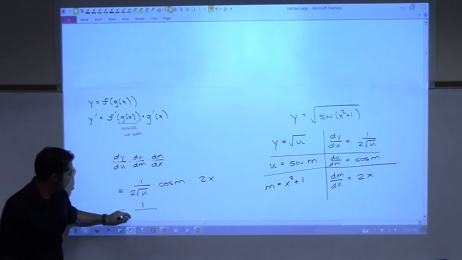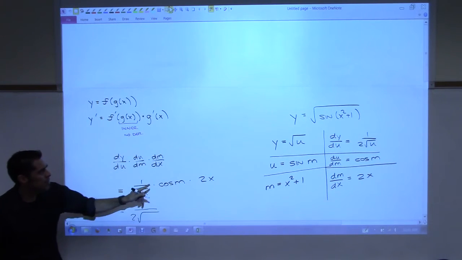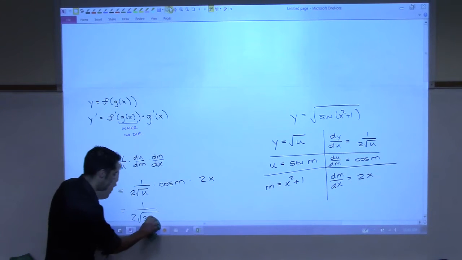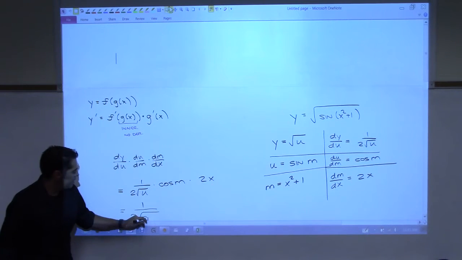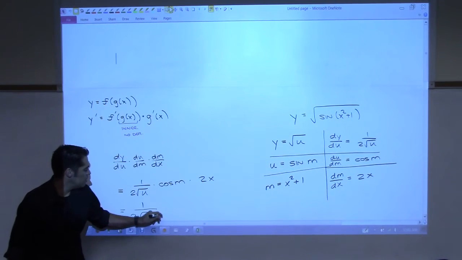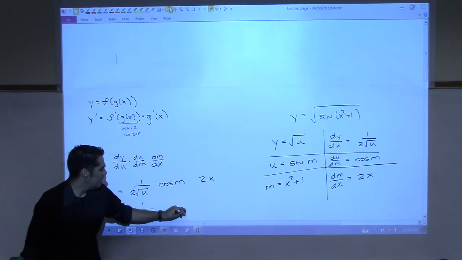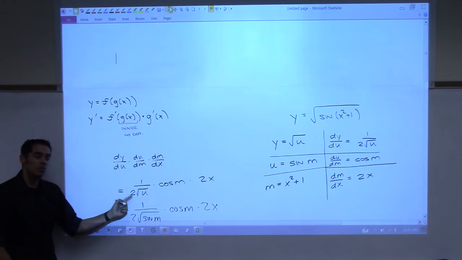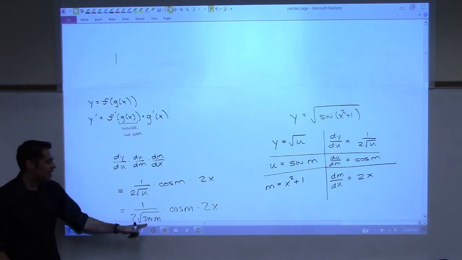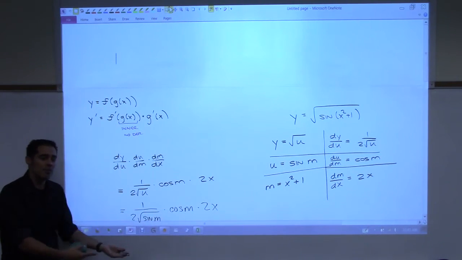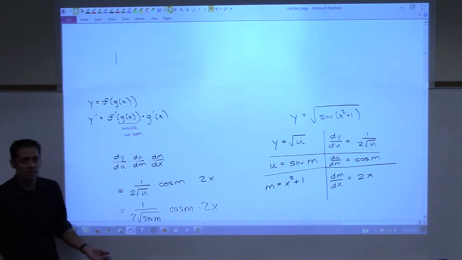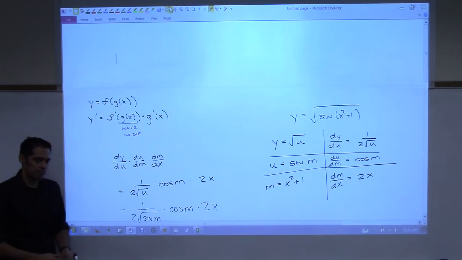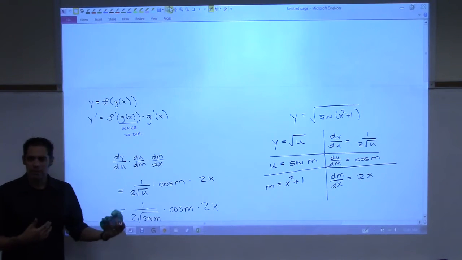The u is sine of m, right? So he just says, all right, let me replace u with sine of m. And now he's got m's there. He'd replace both those m's with x squared plus 1, and you would be at the same answer that we got. Okay?